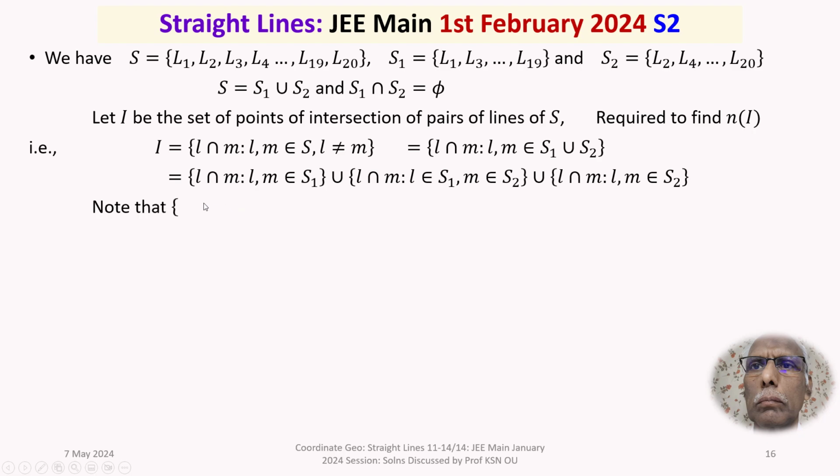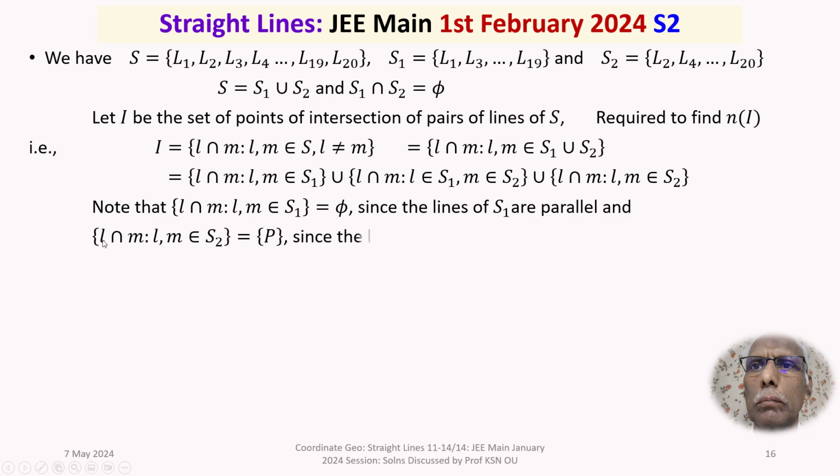Now note that for L and M belonging to S1, that set is empty because the lines of S1 are parallel. And the third one, L and M belonging to S2, consists of a single point because the lines of S2 are concurrent at P.